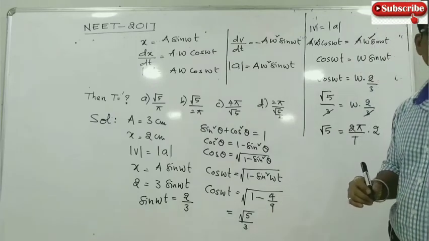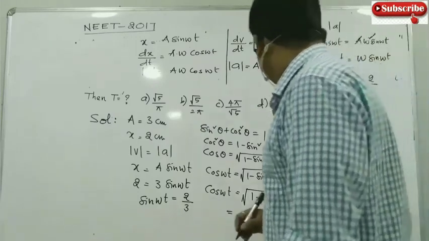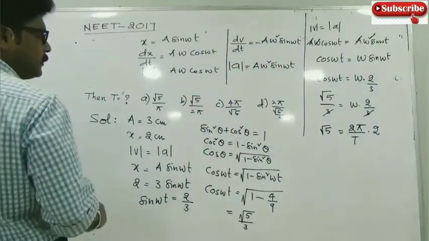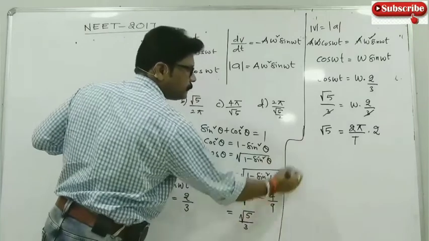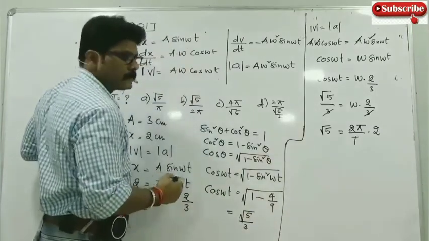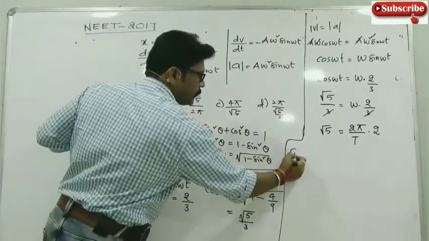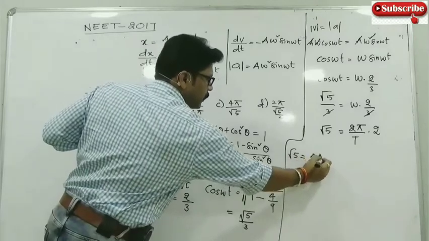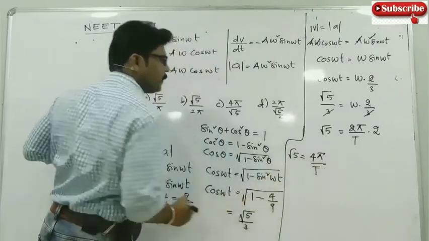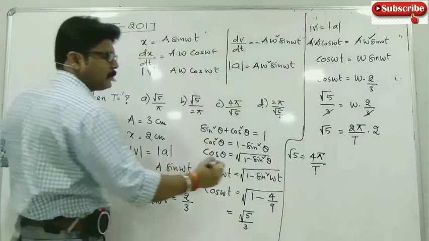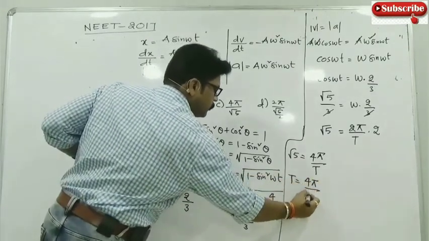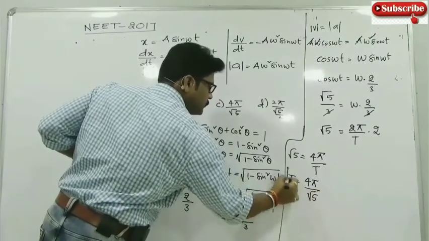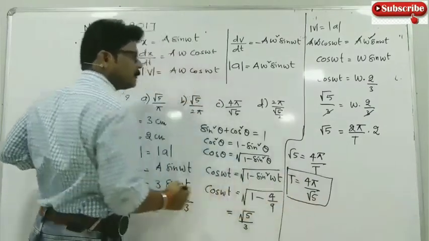Now if you calculate, root 5 equals 4 pi divided by T. Am I right? Now T equals 4 pi by root 5. So this is the final answer.